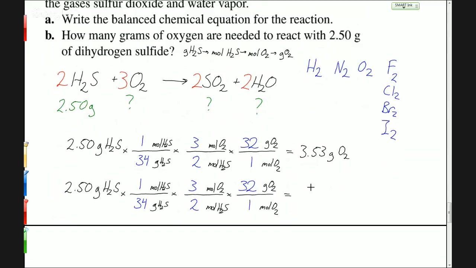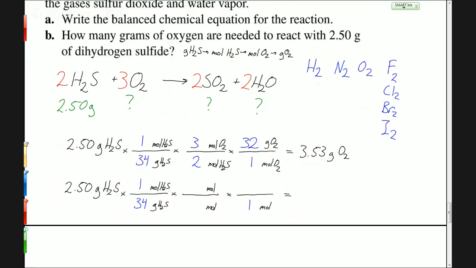and let's say I want SO2 instead. The beginning part's all the same. The last part is what changes. So let's set up our new thing here.